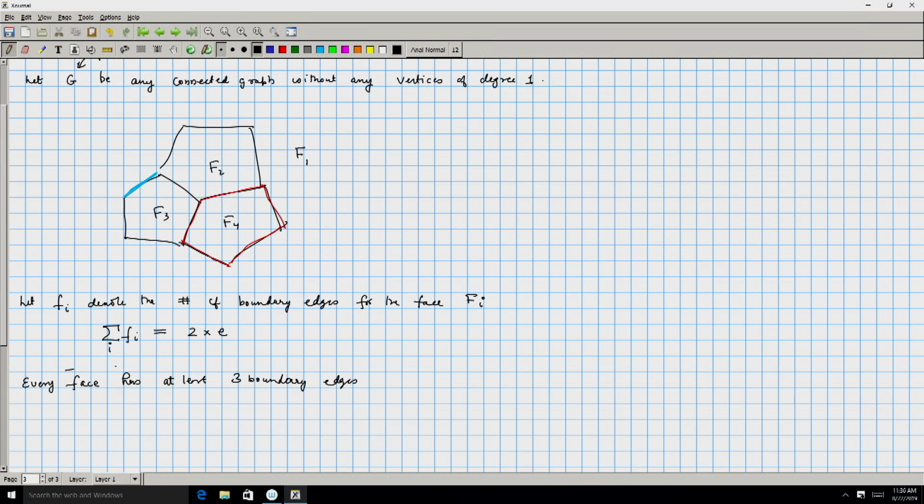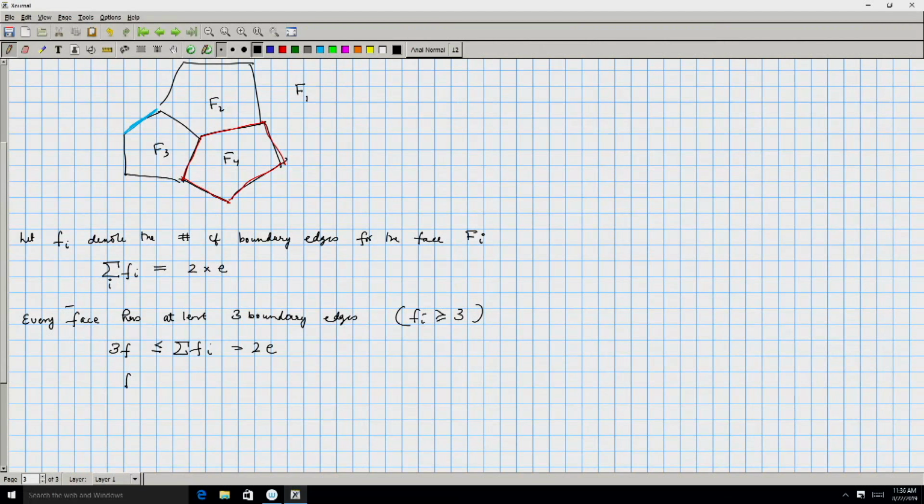If it is 3 boundary edges, then each fi is greater than or equal to 3. Therefore, if F is the total number of faces, summation fi is at least 3F, and this is equal to 2E. So, we can conclude that F is less than or equal to 2E by 3. Okay.